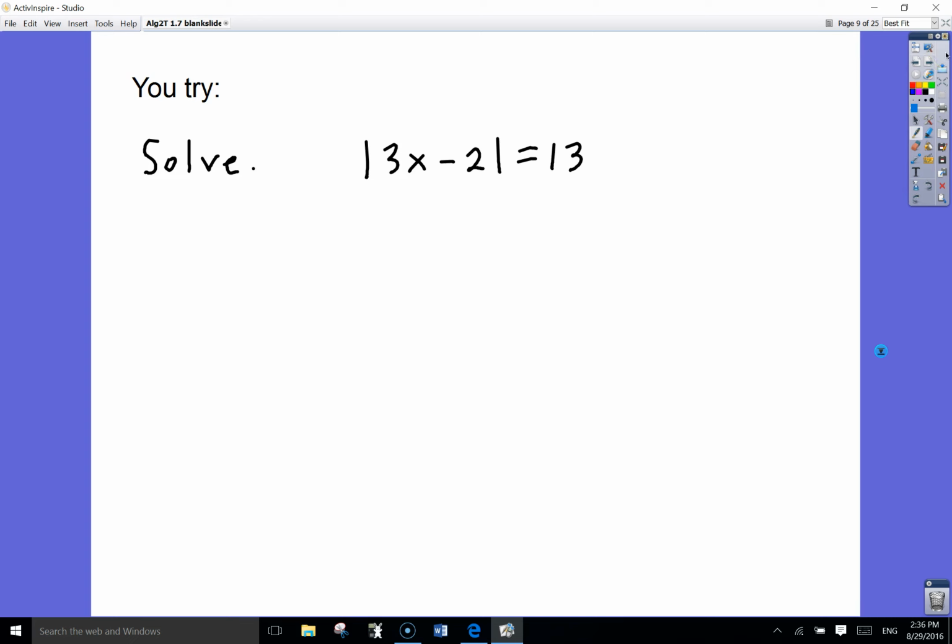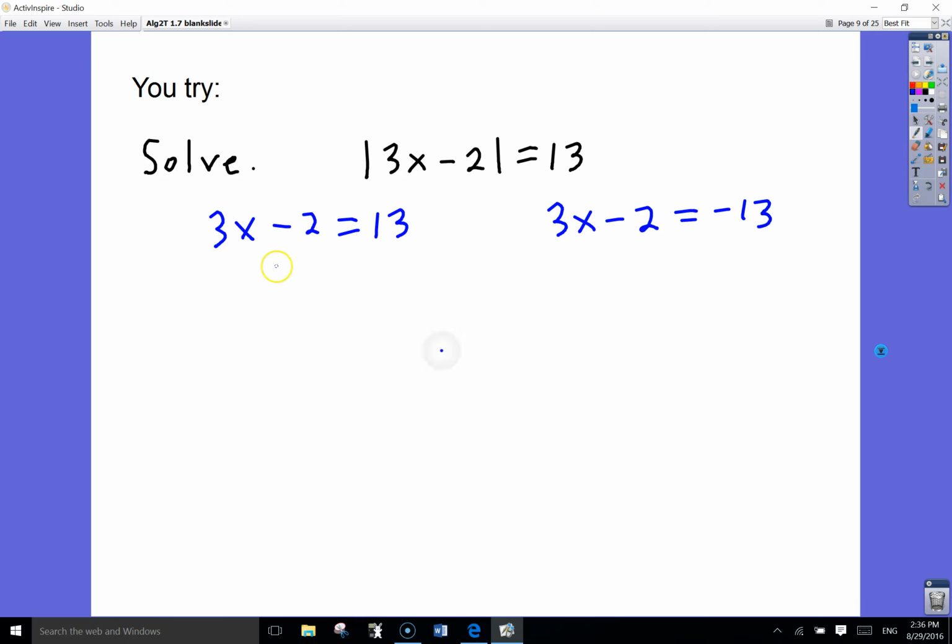Okay, try this one. Again, if you're doing this at home, hit pause now. And when you're done, hit play. Okay, again, on this problem, there's no isolating to do, so I write my two equations. 3x minus 2 equals 13. 3x minus 2 equals negative 13.